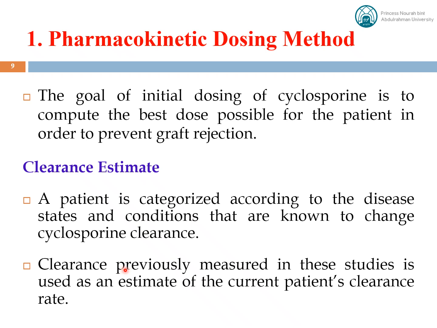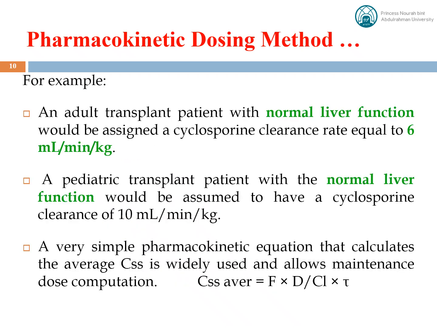Clearance previously measured in these studies is used as an estimate for the current patient clearance rate. For example, this is the pharmacokinetic dosing method rather than the literature-based recommended method.